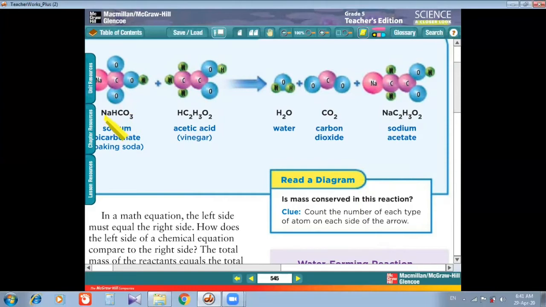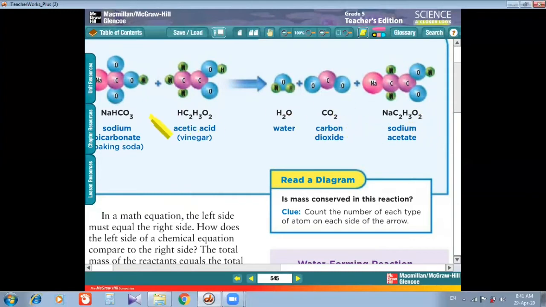Now if you see the total number of sodium atoms, how many? Only one here at the reactant side. At the product side, it's only 1. So sodium is balanced. For example, if we see oxygen, 3 and 2, 5 here. So oxygen 1, 2, 3, 4, 5.